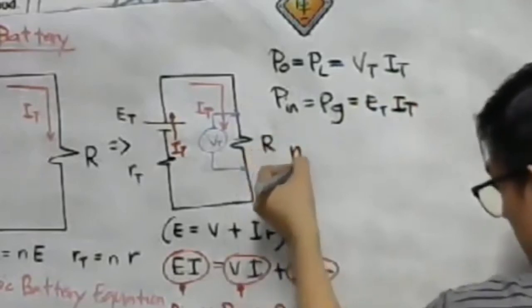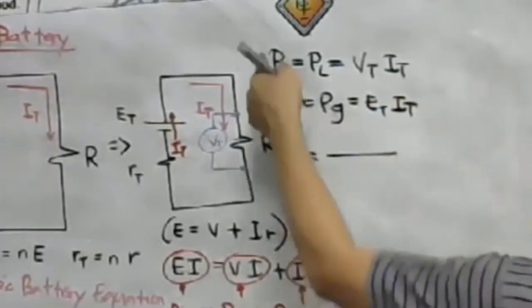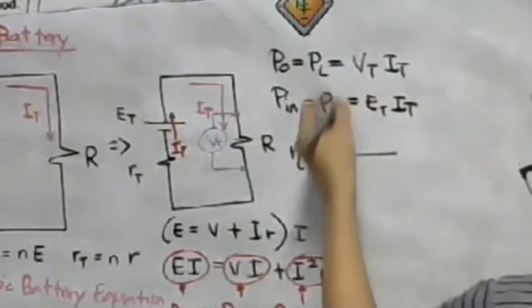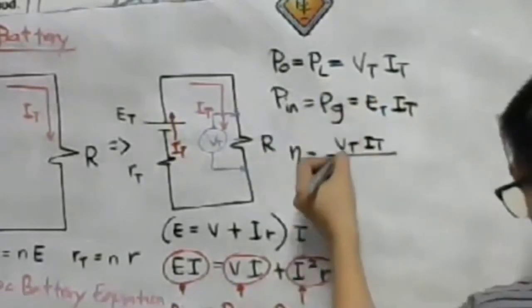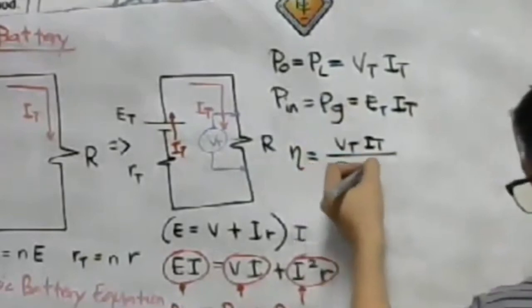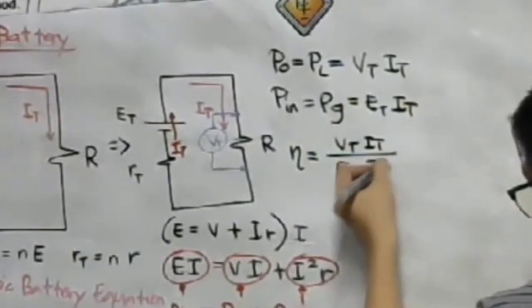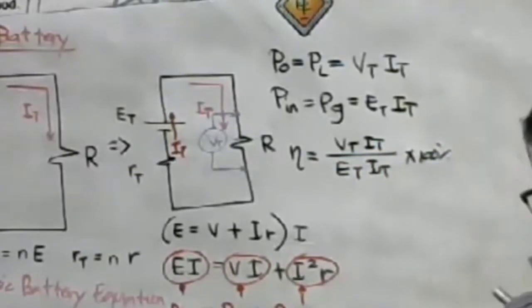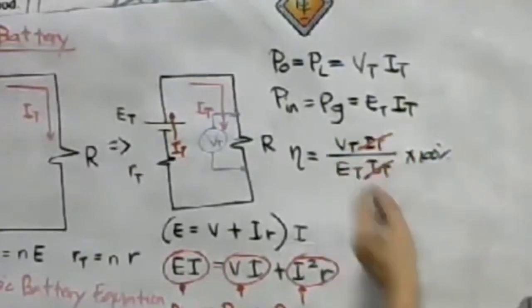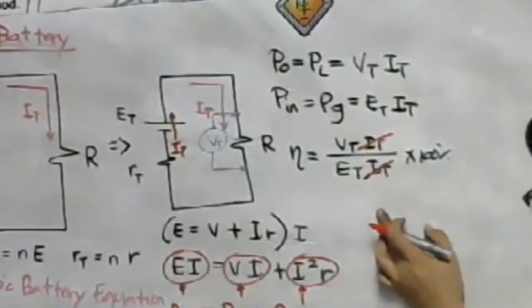So, therefore, now, our efficiency is power output, which is V_T I_T, over power input, which is E_T I_T, times 100%. What can you say about the I_T? That simply cancels out.